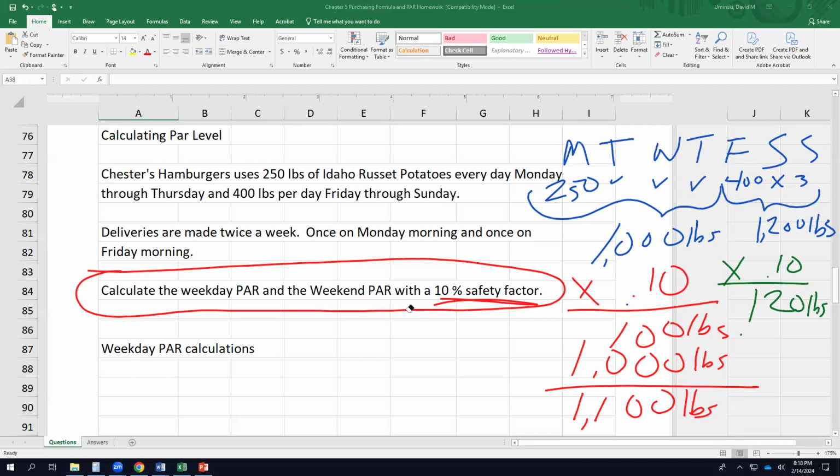So when I add that to 1,200, that's 1,320 pounds. So even though I plan on using 400 pounds during the weekend per day, I'm actually going to go ahead and order 1,320 pounds to make sure I have just enough, just in case my weekend is a little bit busier than I think it's going to be.